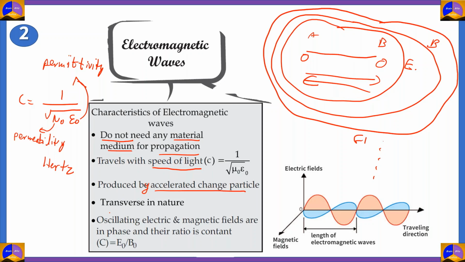The next property says that electromagnetic waves are transverse in nature. Transverse waves are those in which the direction of disturbance or displacement in the medium is perpendicular to that of the propagation of the wave.